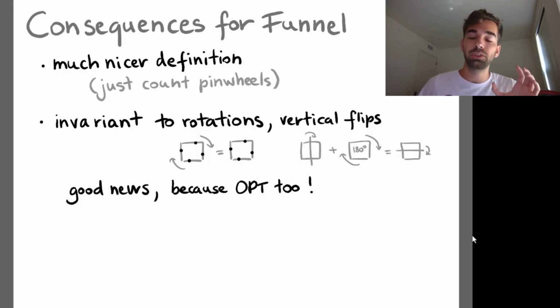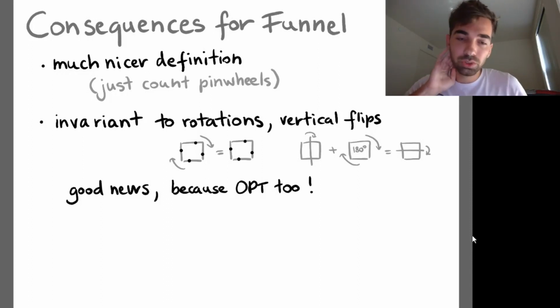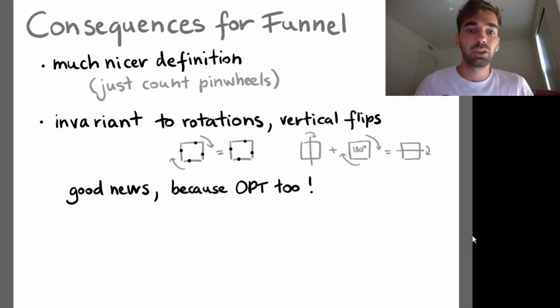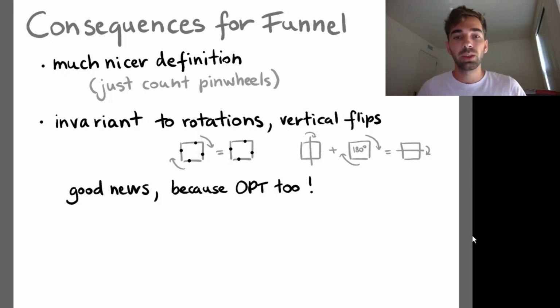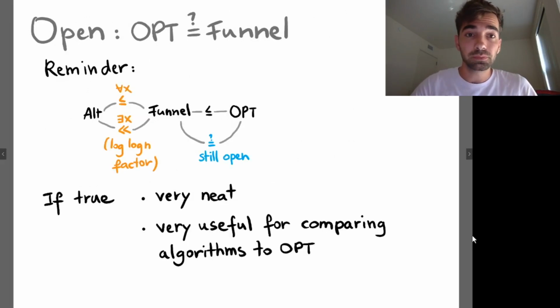And if you're invariant to horizontal flips and 90 degree rotations, you must also be invariant to vertical flips. And this is good news. Like, those invariance results are good news because opt also has those properties. So that means that a funnel has a chance to match opt exactly and to be tight.